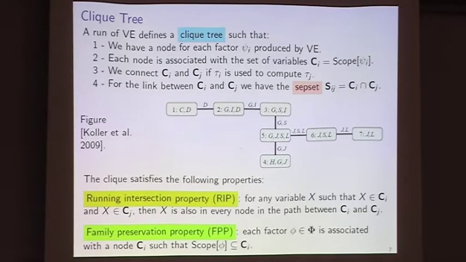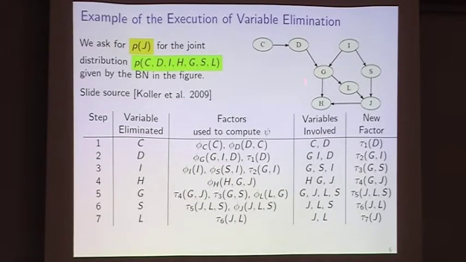So basically we can interpret each of these factors tau as a message that is passed from one node to another. The operation that each node does is it gets the factors phi associated with that node and multiplies them by the incoming messages.